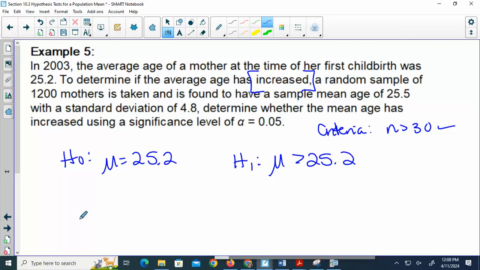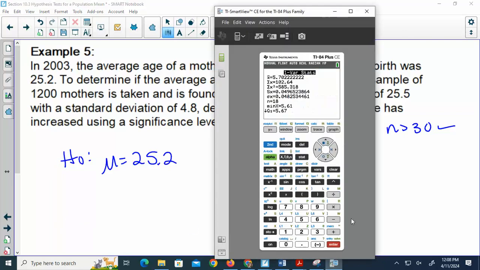All right. Let's just do this one on our calculator. So if we go into stats, tests, number 2. Do we have data or stats this time? Stats. Data is when you have a whole list of all 1,200 mothers that we're looking at. Not bad. So stats.